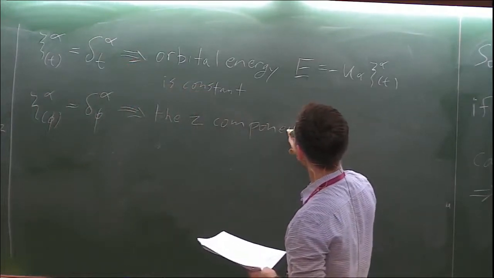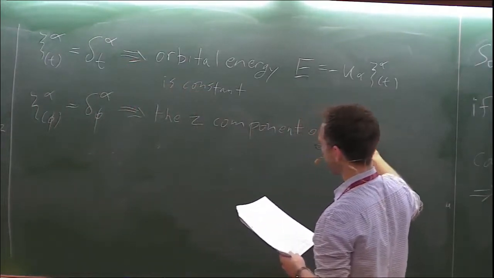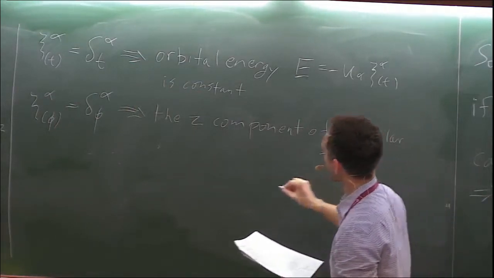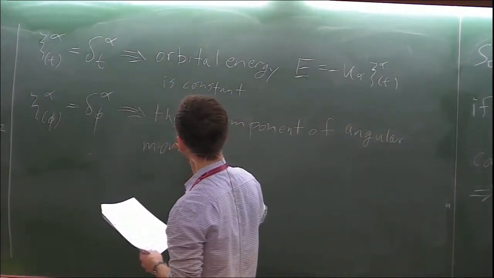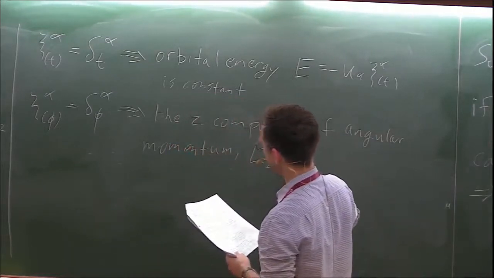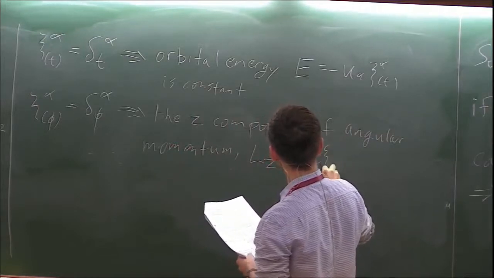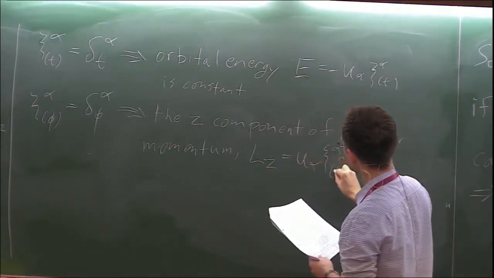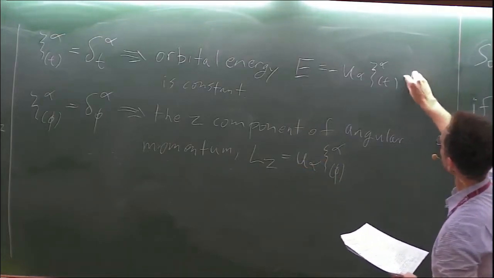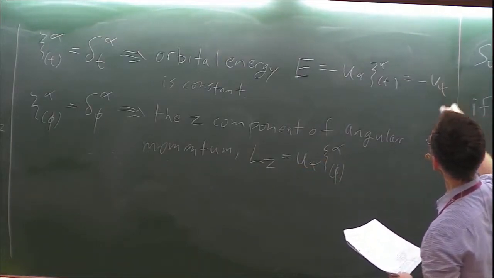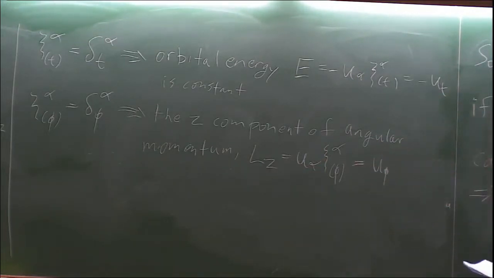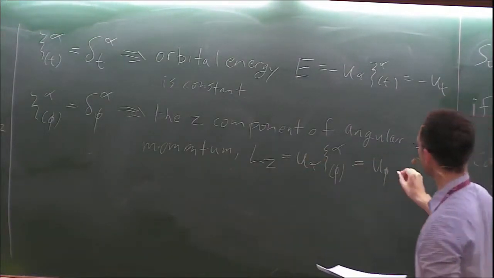The z component of angular momentum of the orbit is conserved. So this is L_z, which is u_α contracted into ξ^α_phi. So now you can also just write this as minus u_t, and this is just u_phi with indices down in both cases. So this is constant.